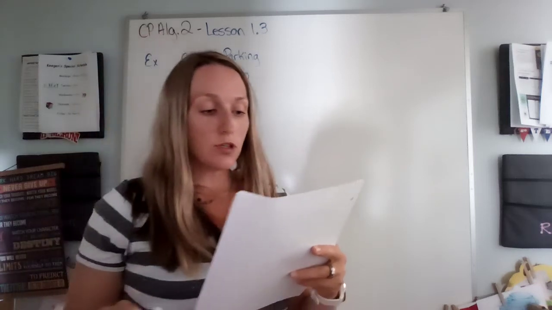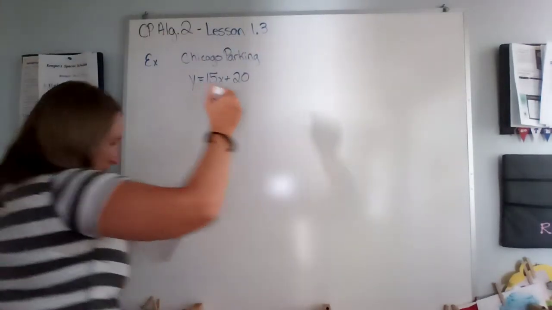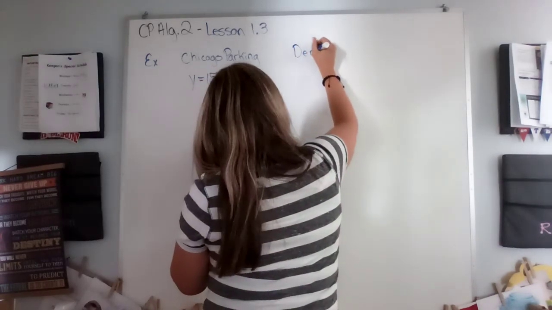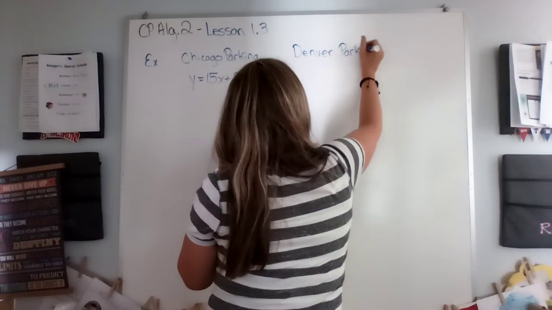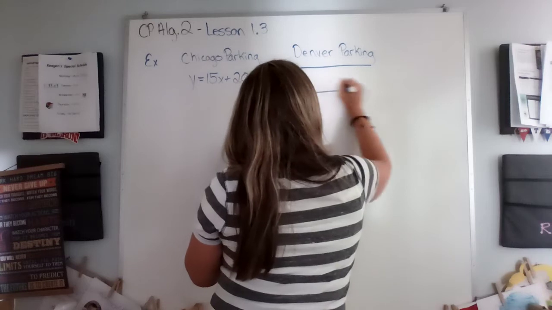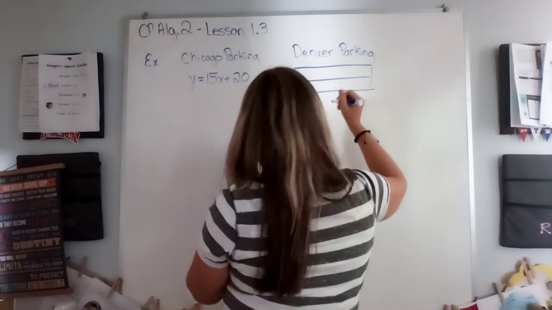The table shows the total cost to park in a parking garage in Denver. And I have to give you that table. So I'm going to put it over here, Denver parking. They don't have an equation, but they have this table. Remember, y is total cost and x is hours.